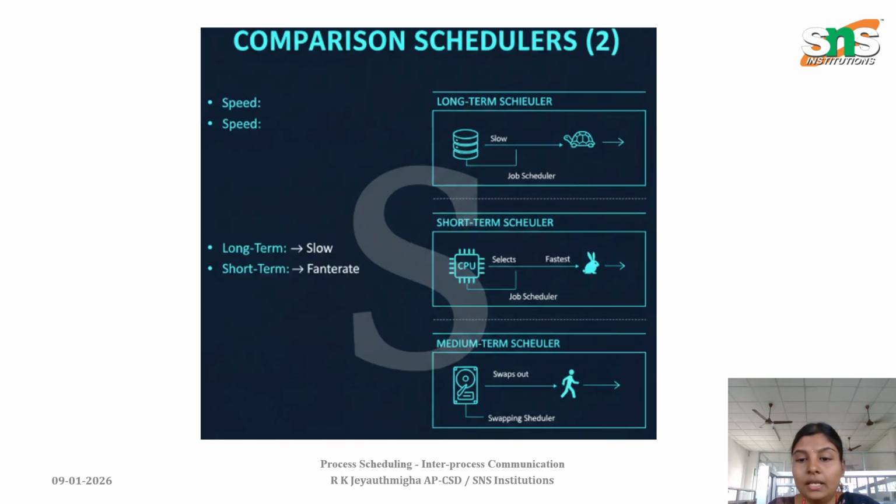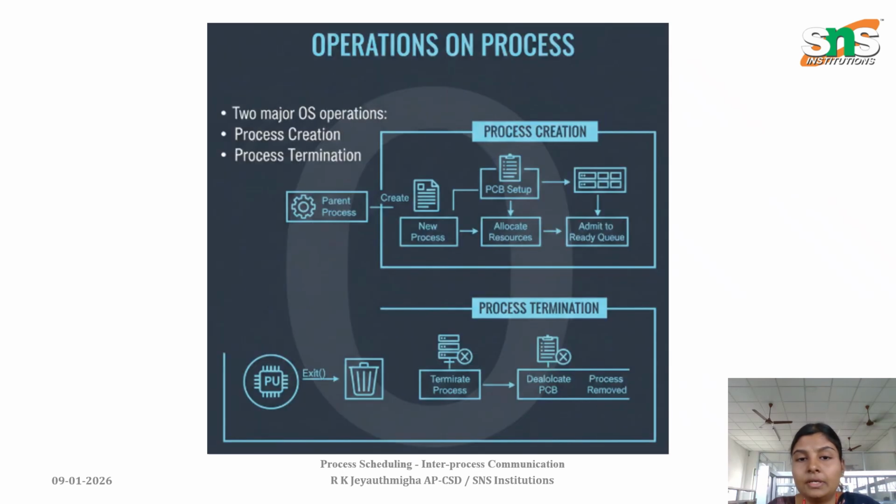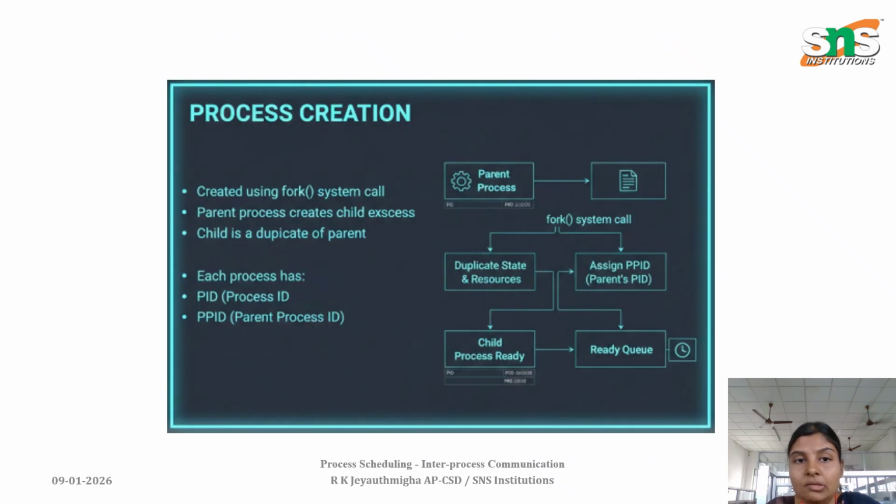The long-term is low, whereas short-term is moderate. For the degree of multiprogramming, long-term has minimal control, whereas medium-term reduces it.